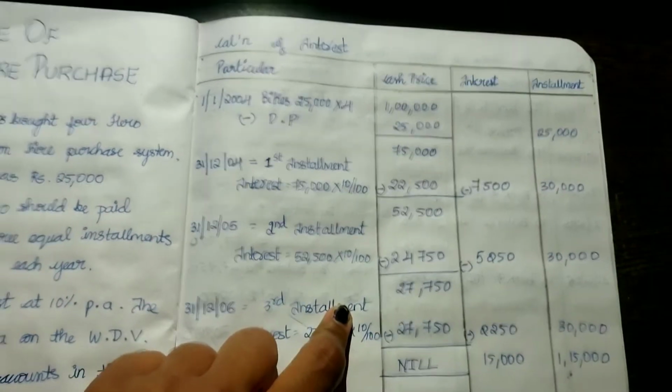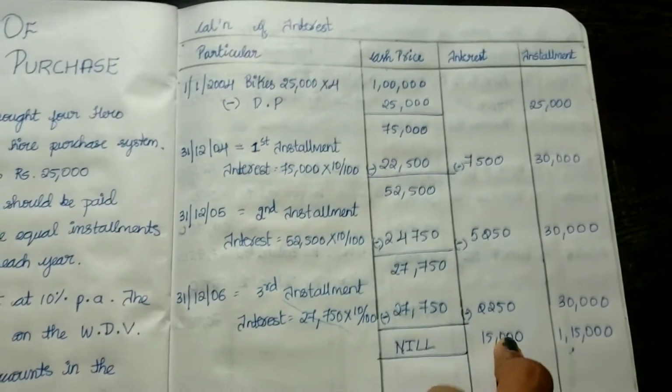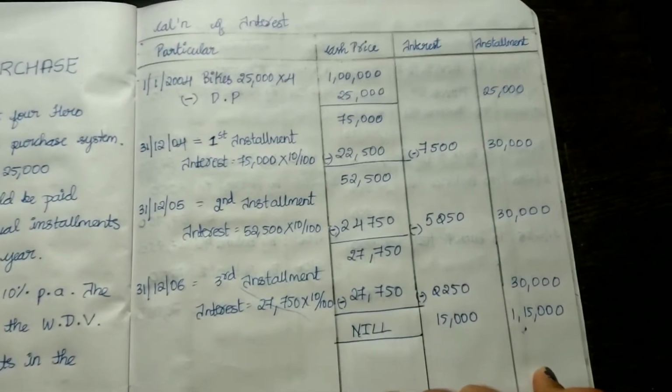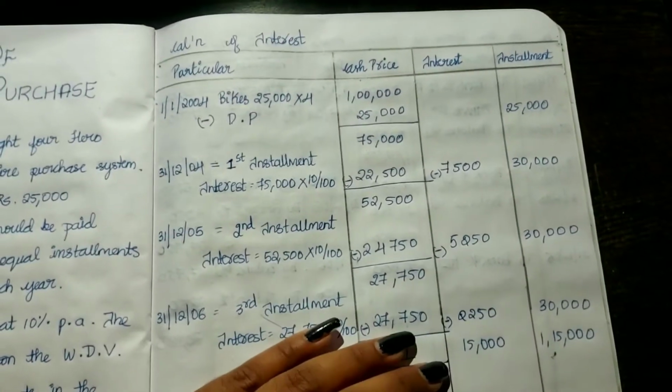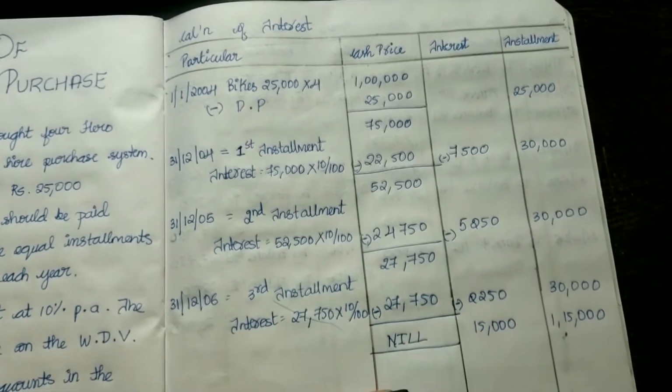Now in the third case, we don't have the interest amount and we don't have the cash price, we have only the installment amount and the down payment. So now we have to calculate on the basis of that.